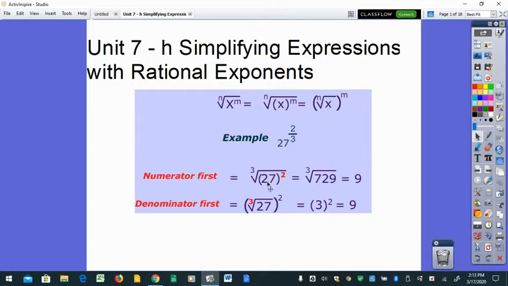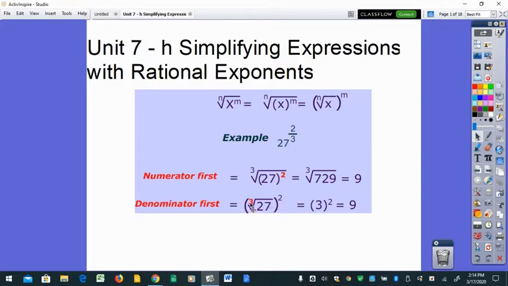underneath the radical symbol. We also talked about that you have sort of a choice. You can either take that squared exponent first and then the cubed root, or the other way around. And we talked about that it's a lot easier to take the root to make something smaller before you make it larger.